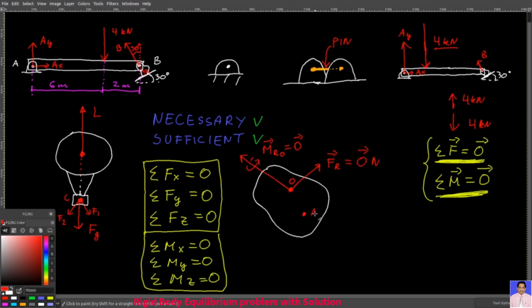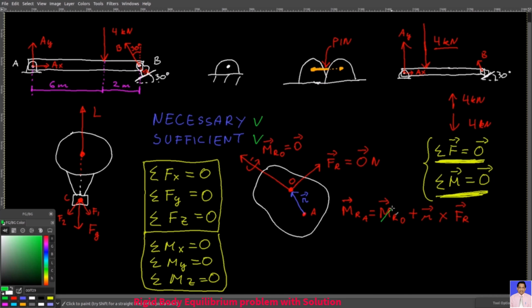If I now take point A and I calculate a resultant moment about point A, then I can do it like this. From A, I will have a position vector r, and so my resultant moment about point A equals the resultant moment about point O, which is this one here, plus the position vector cross Fr.